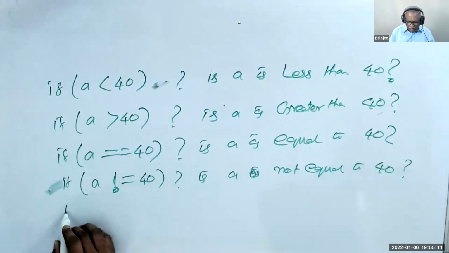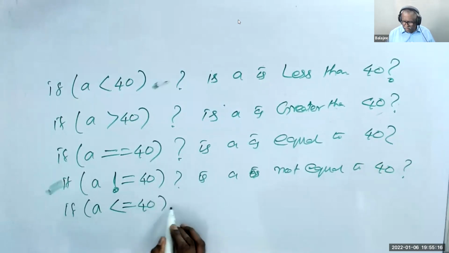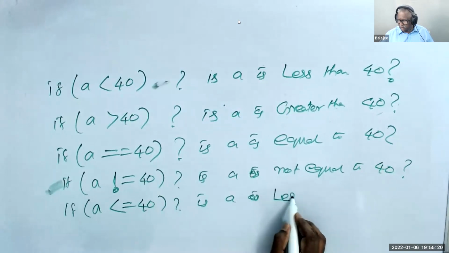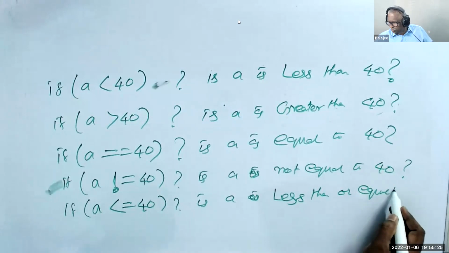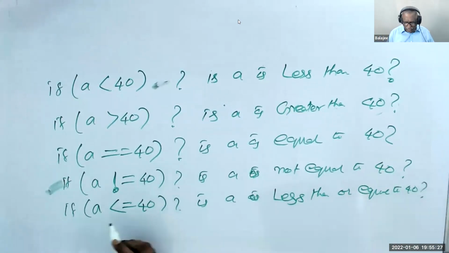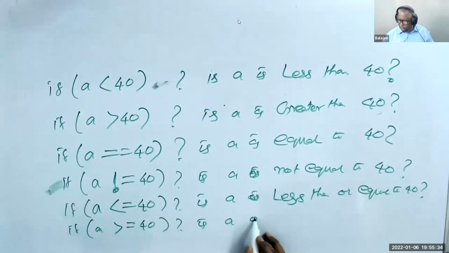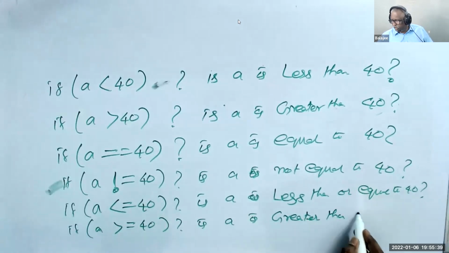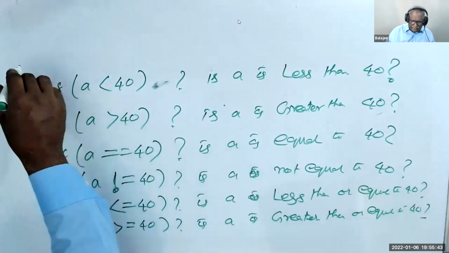Then A less than or equal to 40, is A less than or equal to 40? If A greater than or equal to 40, is A greater than or equal to 40? That's all. Only these 6 decision makings.